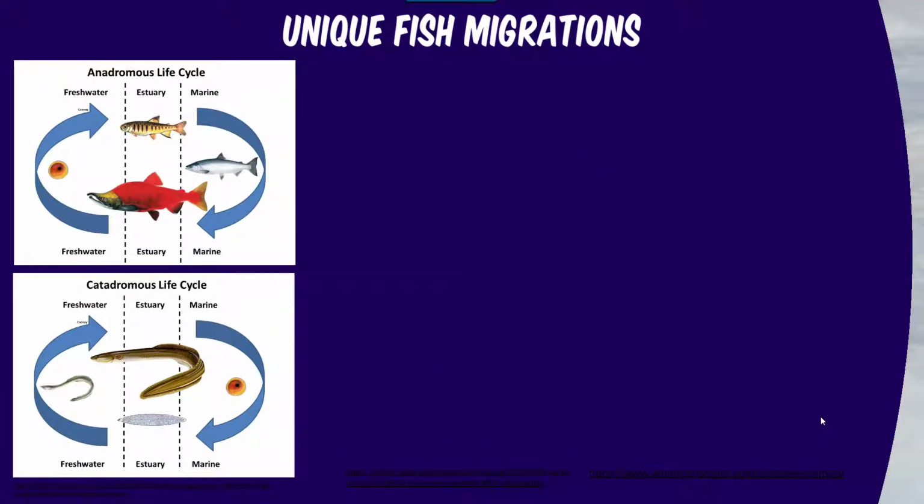Fish migrations can also have an influence on ecosystem variables. And we find that there are two kinds of life cycles of certain fish wherein there's going to be movement of material from a freshwater environment to a marine environment.